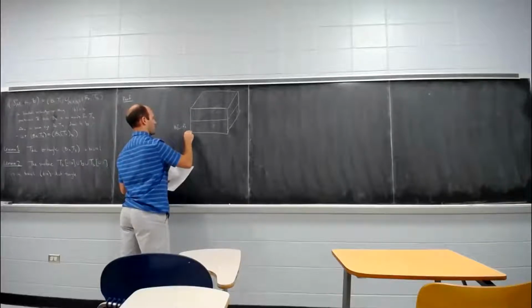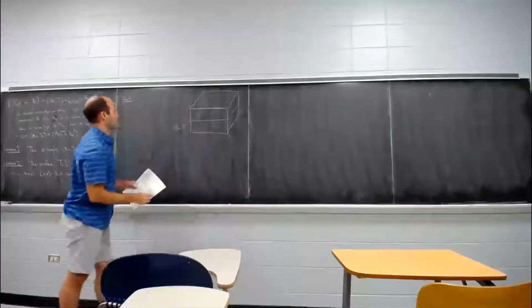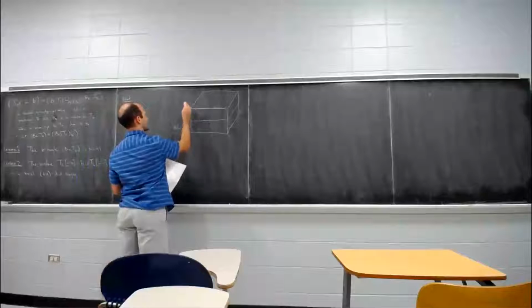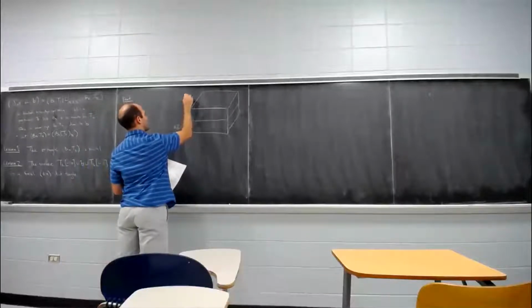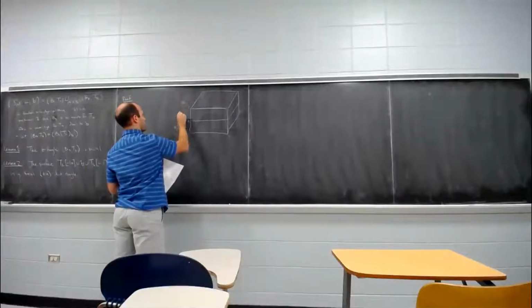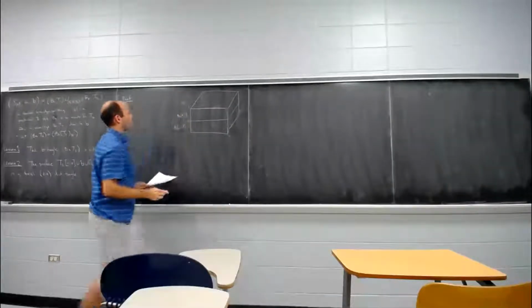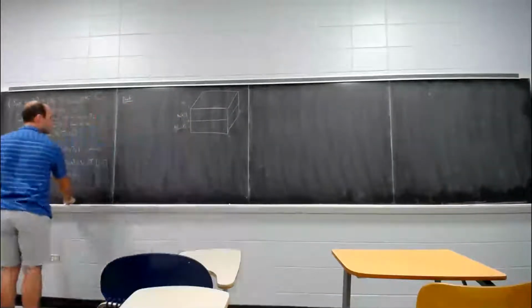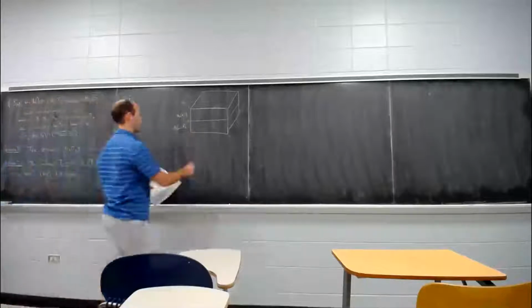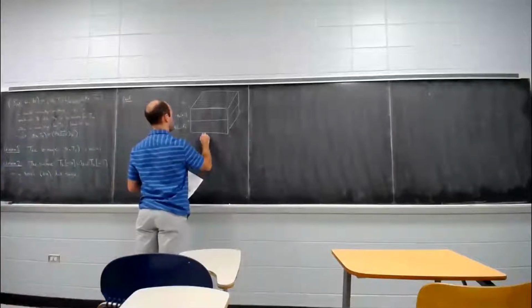So the bottom level is -1, the top level is 0. So up here we have B3, or the second half is B3 cross [0, 1]. And maybe this front face is sigma.